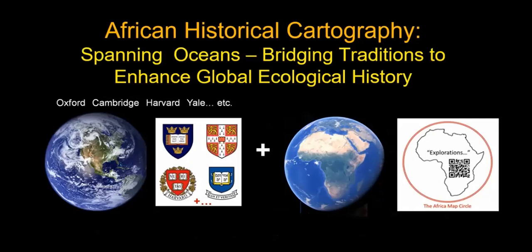This is why African historical cartography is much broader in its scope than initially the maps themselves. You can combine maps available from Oxford, from Cambridge, from Harvard, from Yale, all of which have scanned in maps and have very valuable collections of their own, in addition to individual colleges at Oxford or at Cambridge.